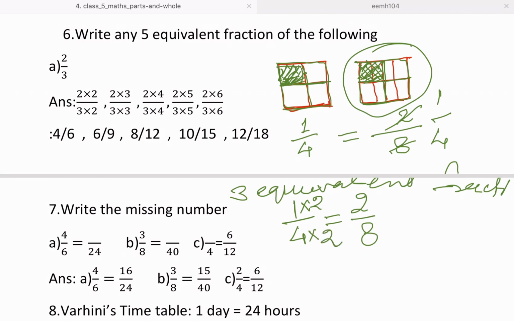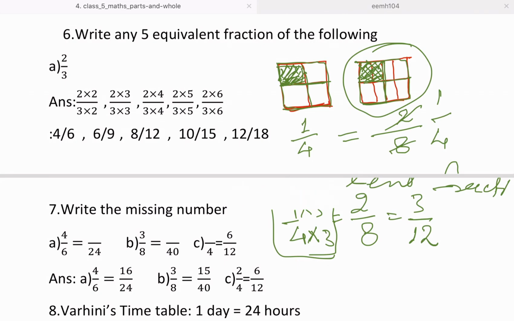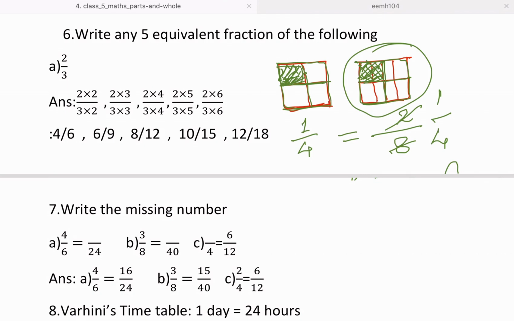It will be 2 by 8, and after this you can multiply it by 3, into 3 into 3. It will be 1 threes are 3 and 4 threes are 12. So in this way you can write so many equivalent fractions of any fraction. Are you getting my point now?